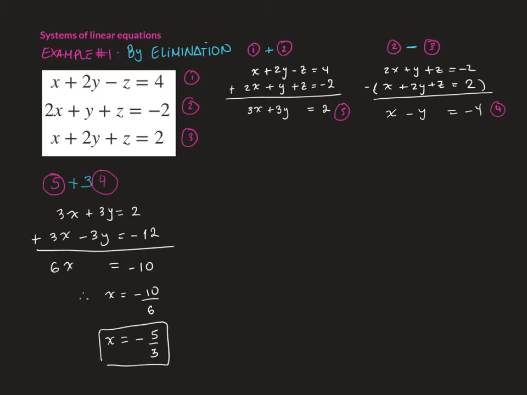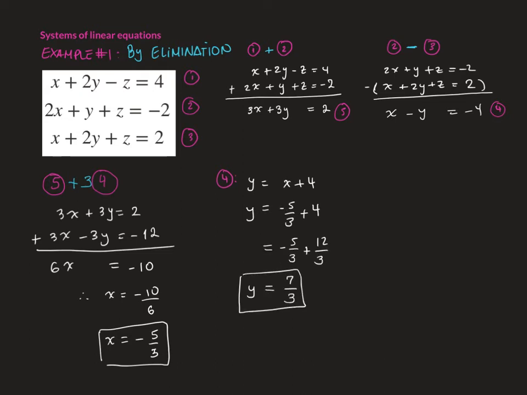Now that we have x, we can use equation 4 to write an expression for y. So from equation 4, y is equal to x plus 4. So if we substitute the value that we found for x, lastly, we want to take either equation 1, 2, or 3 to solve for z.